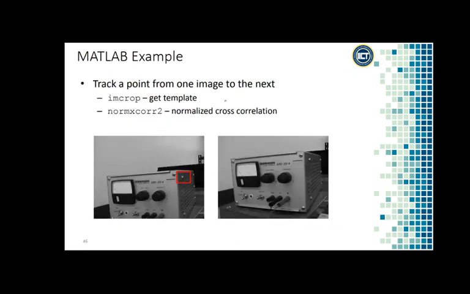So let's see one of the examples. We have to track a point from one image to the next, and we want to look for this patch. So we will use the built-in command imcrop to get this template, and then we'll use the normalized cross correlation command for matching this template onto this image.